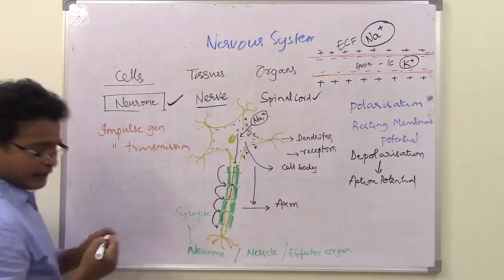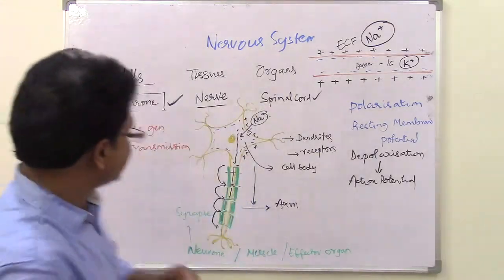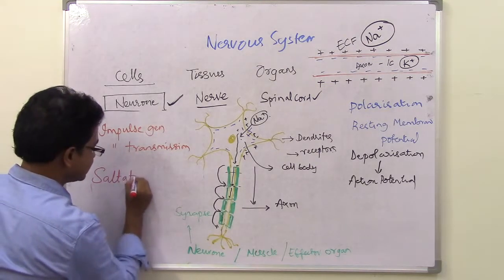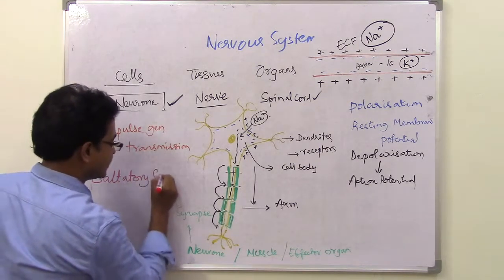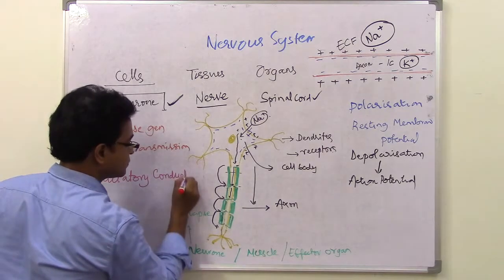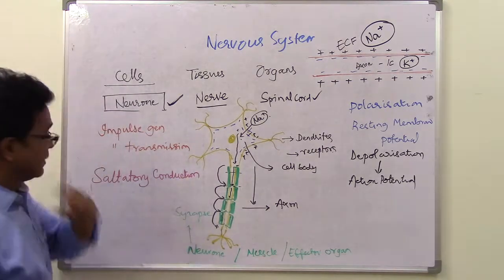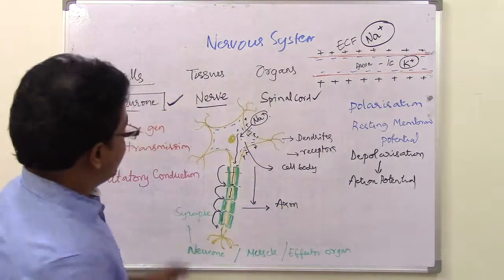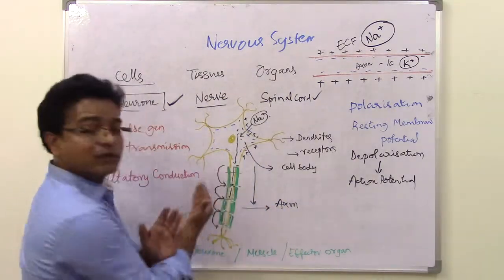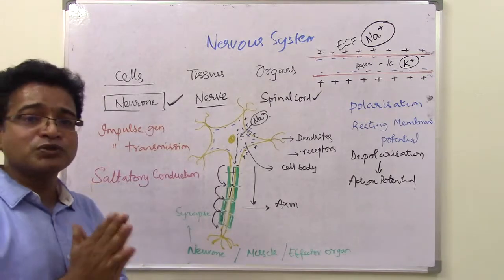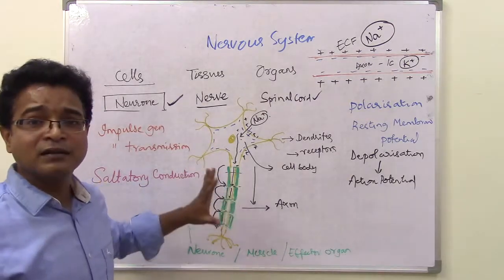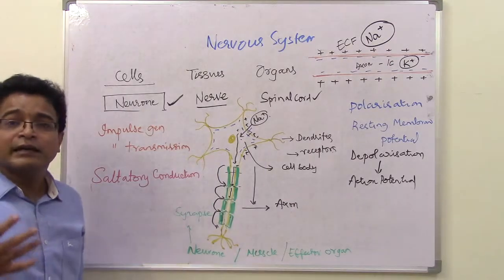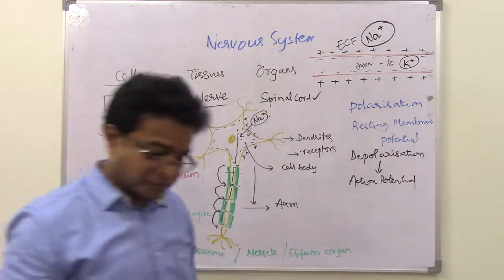That is why it is called saltatory conduction. This is possible only because the axons are covered by myelin produced by the Schwann cells. In this way you can propagate the impulse very quickly.